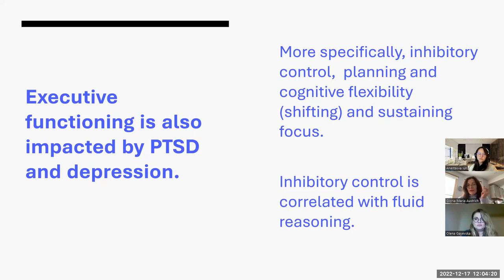So you're going to automatically do a response that you've done in the past, and it's probably going to be one that wasn't effective. So it's really important to remember this. Kids with depression or PTSD and trauma, the inhibitory control really will impact fluid reasoning. It's like doing the same thing wrong over and over again, using the wrong strategy again and again.